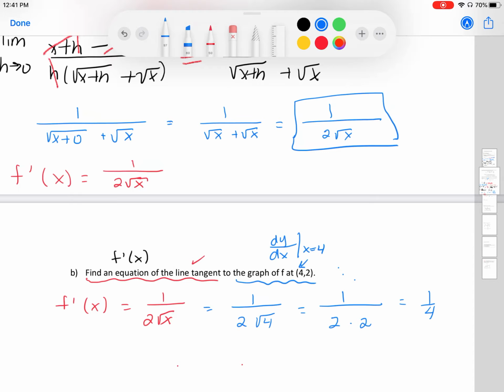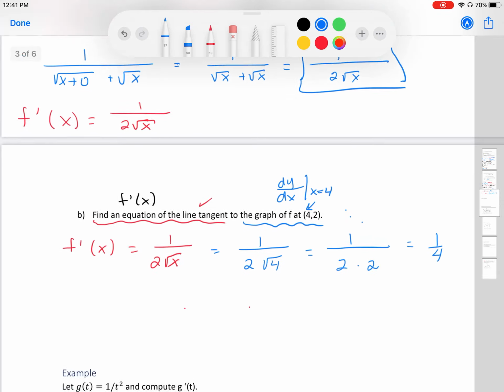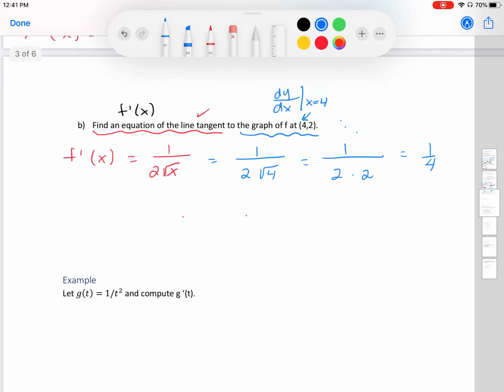So what is that 1/4? We use the equation that will provide a tangent line. With a point, we have the line tangent at specifically that point 4, 2. So my slope is 1/4, and that particular point given is 4, comma 2. Now, if I wish to find the equation of that tangent line, then we just use our point slope formula in a sense.